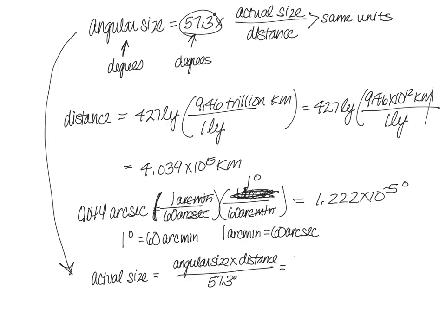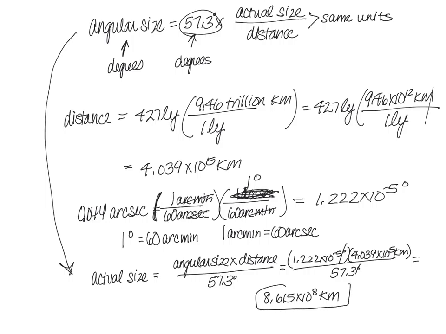Notice the angular size is in degrees, the distance is in kilometers, but the denominator is in degrees too, so those units are going to cancel out. My answer is going to be in kilometers. And I get 8.615 times 10 to the 8th kilometers is the actual size of Betelgeuse, and that's actually the diameter of Betelgeuse.